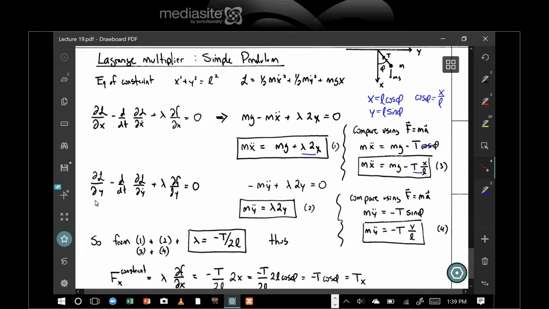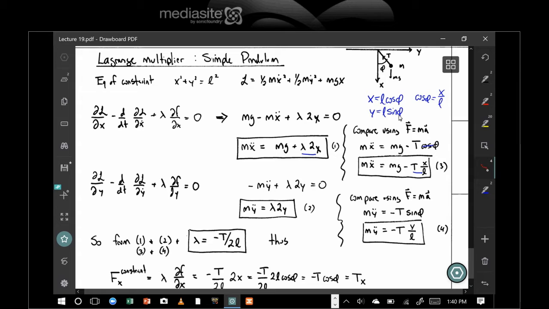So we solved for the multiplier. Unfortunately, we had to use Newton's laws to do that. That's okay. I'm going to look at this equation here. Notice I have the same multiplier. I should get the same result. For that equation of motion, I get m y double dot equals lambda 2y. Okay. Now, using F equals ma, the only force acting in the y direction is minus T sine phi.